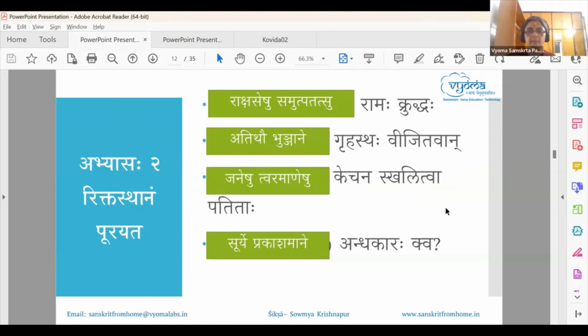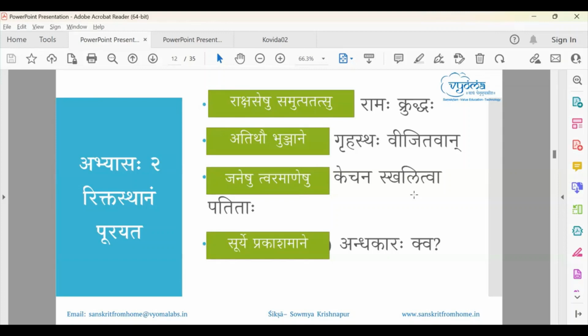Kechana, some people, they tripped and fell. When everyone was in a rush, some people fell. Skalitva, it is to slip and fall. Is it like that? Patitva, likitva, like that? Yes, tva pratyaya. So two actions are happening. One they slip, and the other is they fall. Yes.